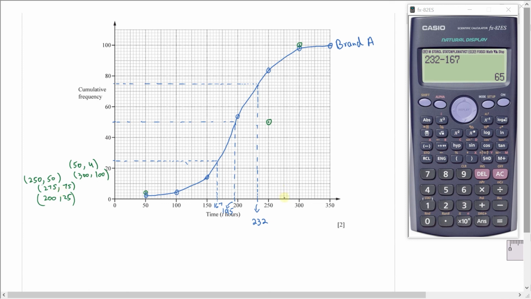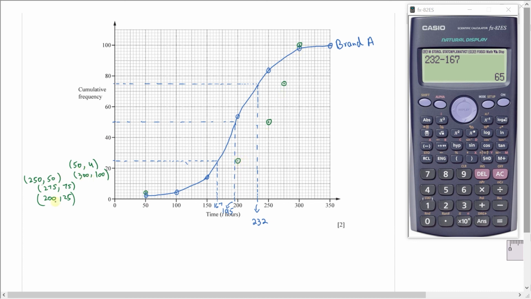275 and 75. So 275 is this line. And then this is 70, 72, 74, and 75 is this. So 275 and 75. And then you have 200 and 25: 200, 20, 22, 24, 25 will be this point here.